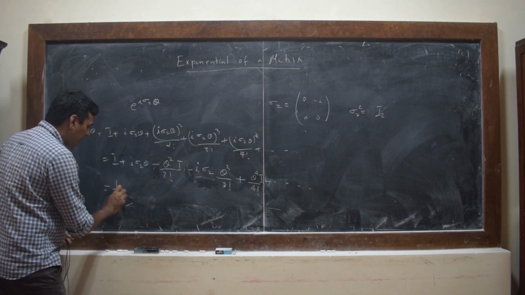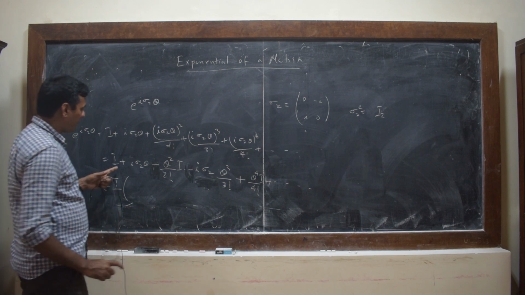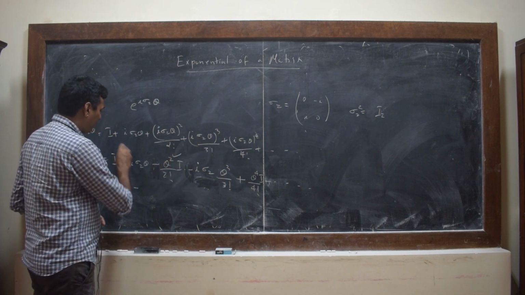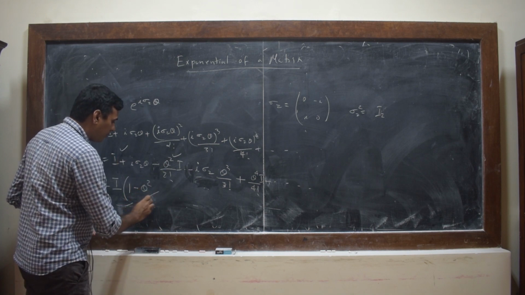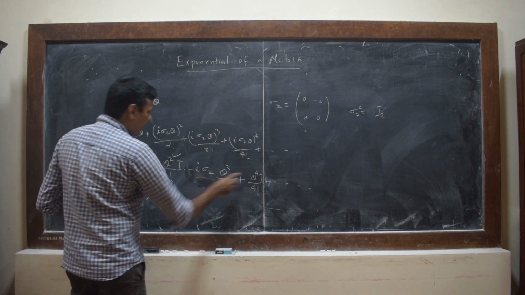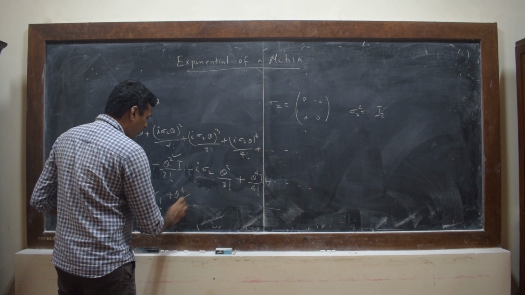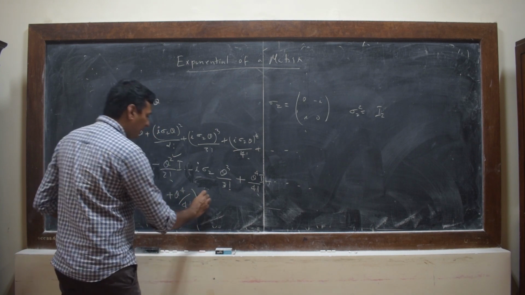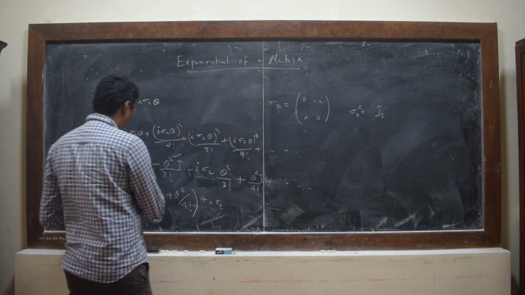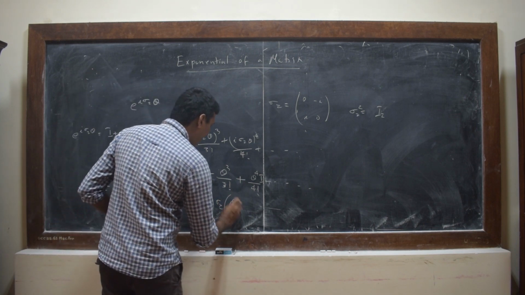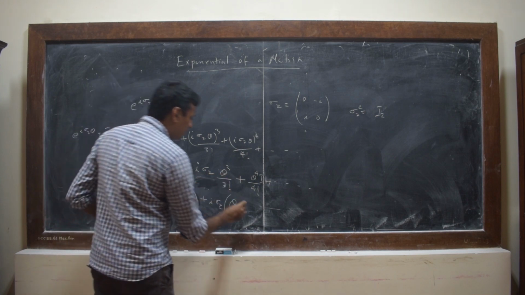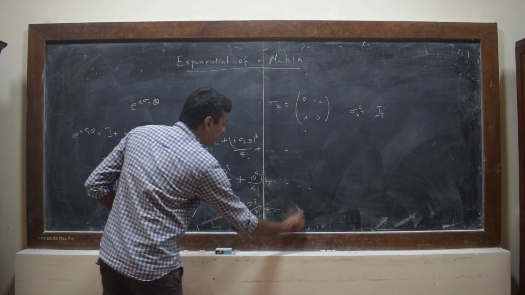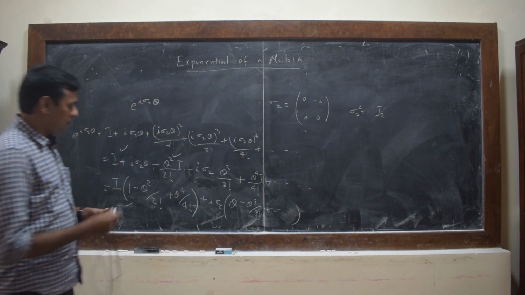So I can write identity into 1 minus theta square divided by 2 factorial, and then plus theta raised to 4 divided by 4 factorial, minus plus i sigma 2 into theta minus theta cube divided by 3 factorial plus etc.